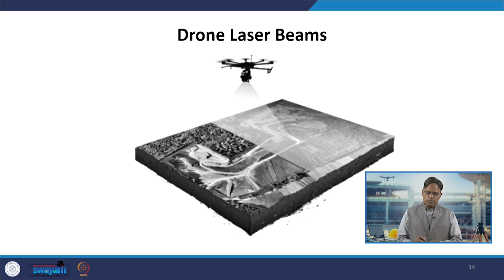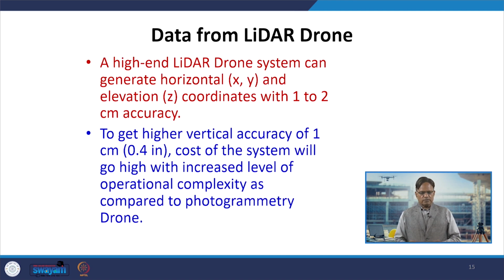So, this diagram shows how the drone laser beams are working. You can see a large number of beams are transmitted through the sensor system, and it will scan a large part of the area as the drone keeps on moving. Now, the kind of data which we are getting from the LiDAR is three-dimensional data.